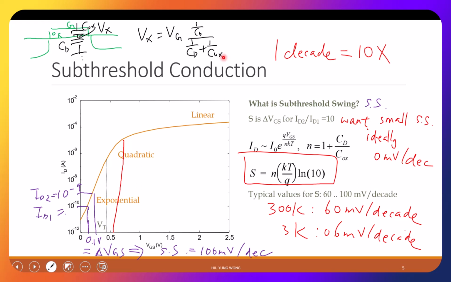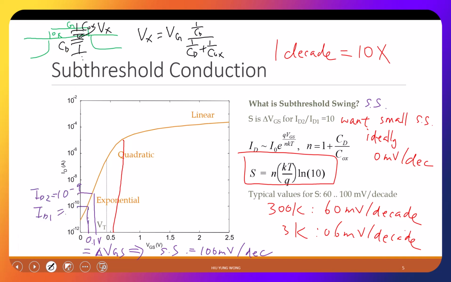Because it's a capacitor, remember the impedance of a capacitance is 1 over omega C. That's the way I memorize it. So this is the impedance of the bottom part, divided by the total impedance in this series. Do you see what I'm talking about?